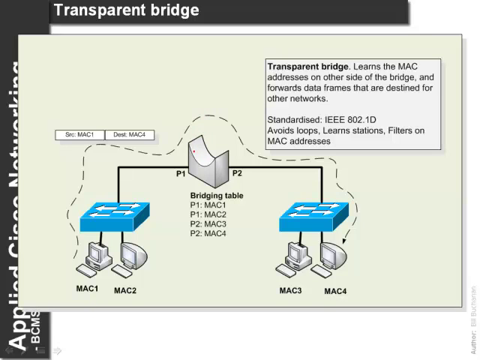The main objective of a bridge is to learn the MAC addresses on either side of the bridge, so that when a source machine sends to a destination which is on another port of the bridge, it will automatically forward it through.